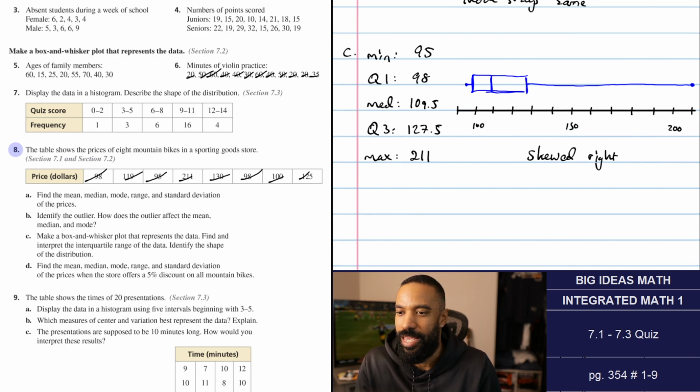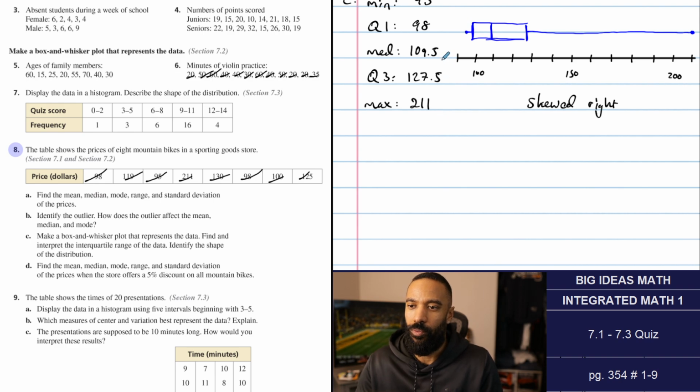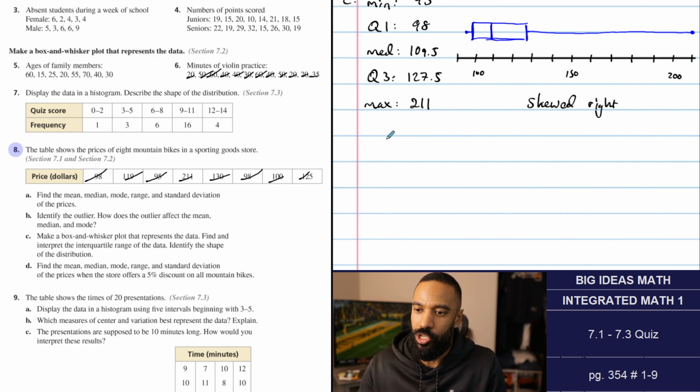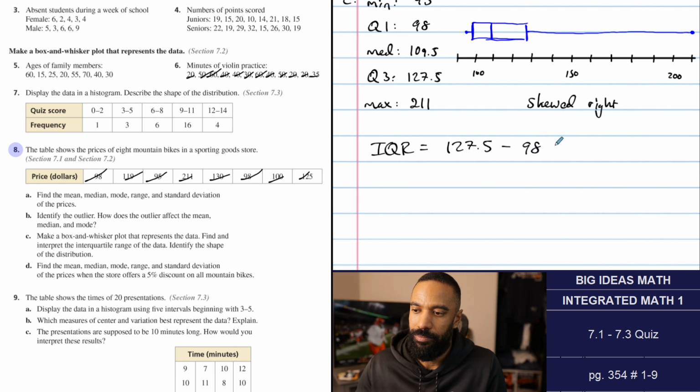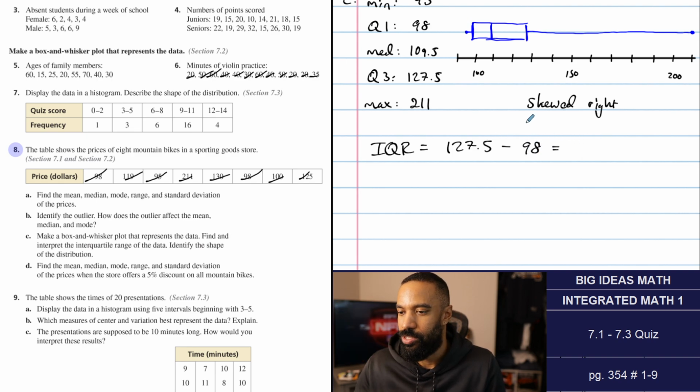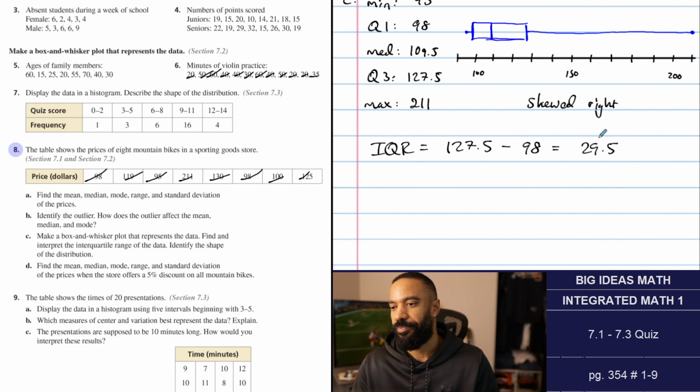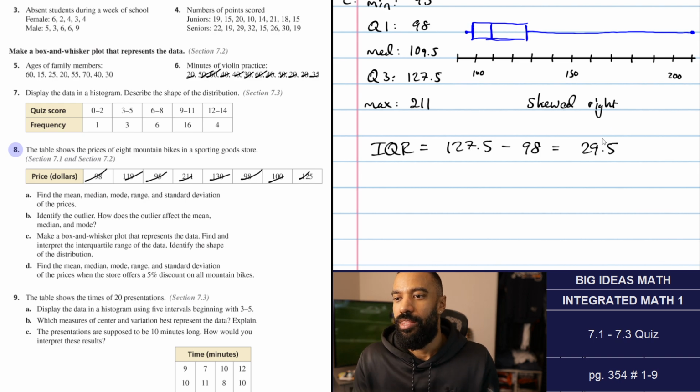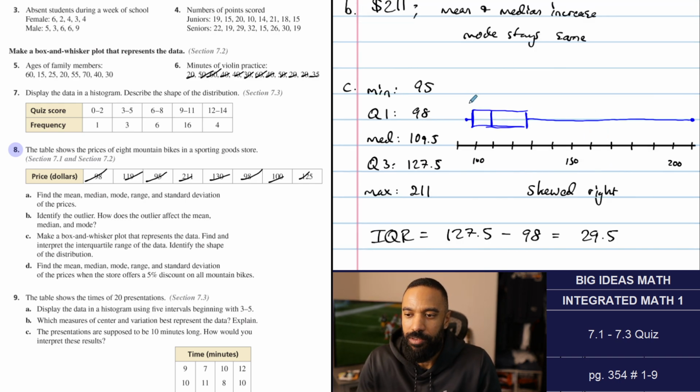Find and interpret the interquartile range. The interquartile range is the difference between Q1 and Q3, called the interquartile range, IQR. IQR is this range right here, which is $29.50. So the ranges themselves all represent different 25% of your data.